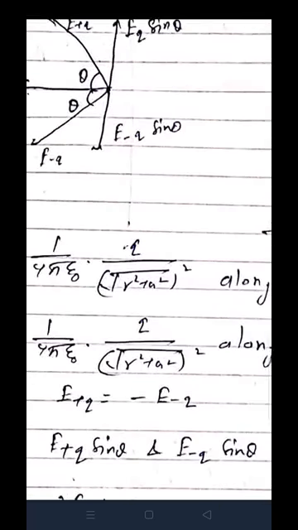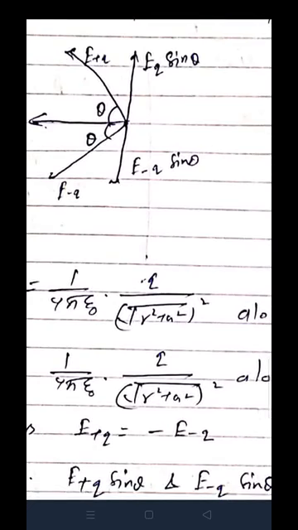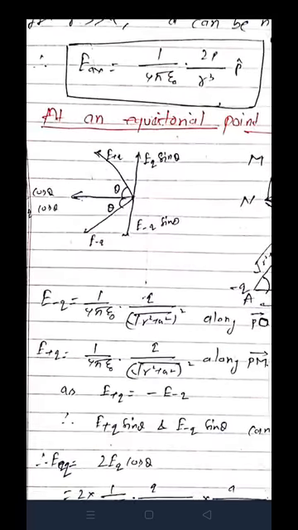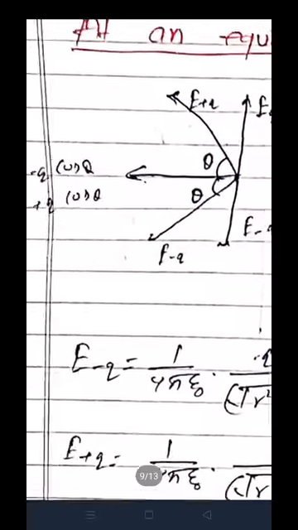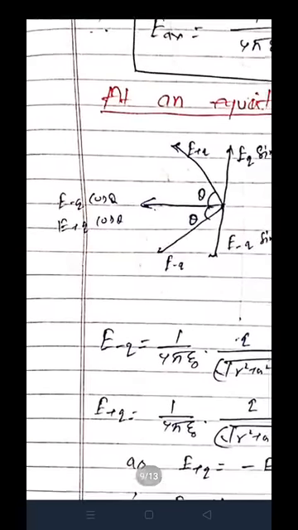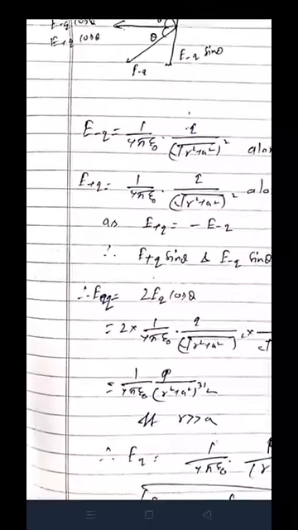So in this diagram, if E plus Q and E minus Q are equal and opposite and sin theta is also equal, then E plus Q sin theta and E minus Q sin theta will be cancelled because they are equal and acting in the opposite direction. But E plus Q cos theta and E minus Q cos theta are acting in the same direction, so they will be added. We will do integration over here now.